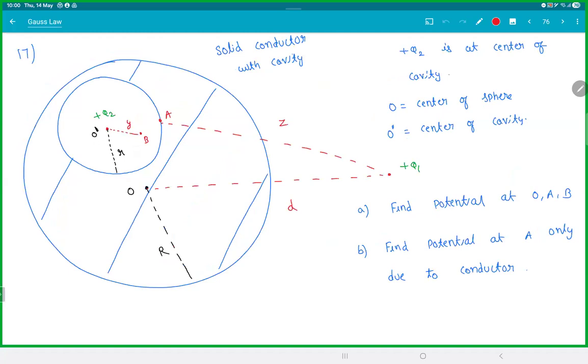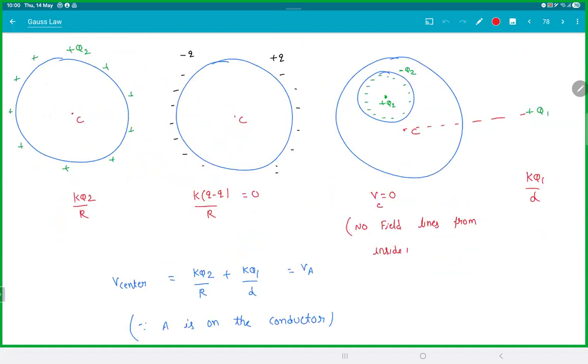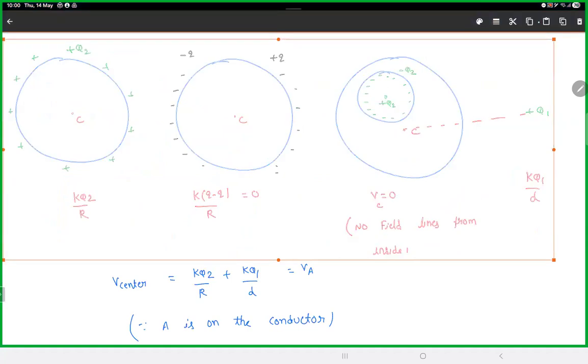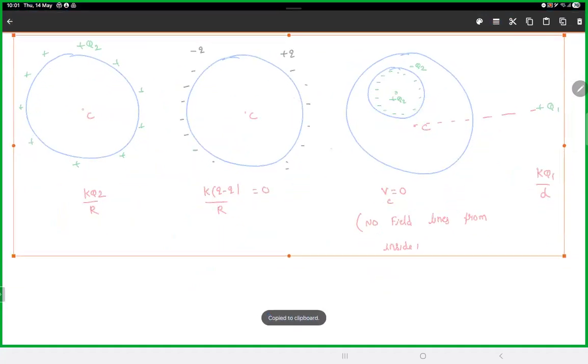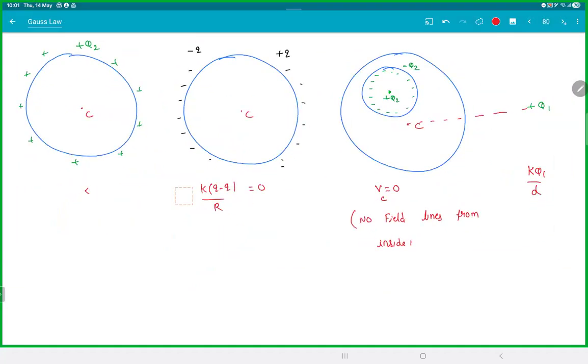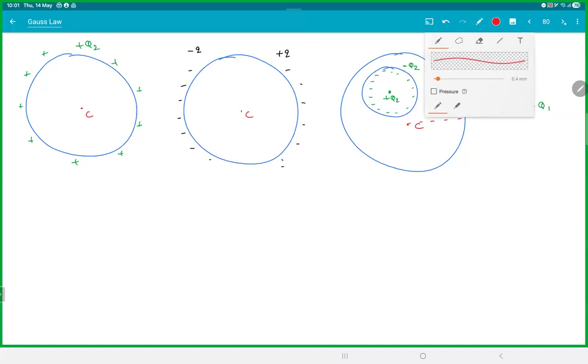You want to find the potential at A only due to the conductor. Again, same story. You want to find at A. A is somewhere here.